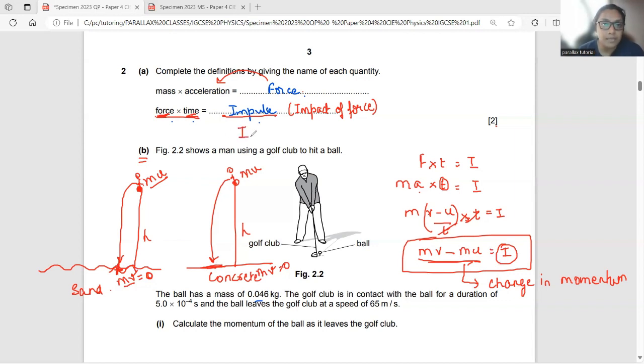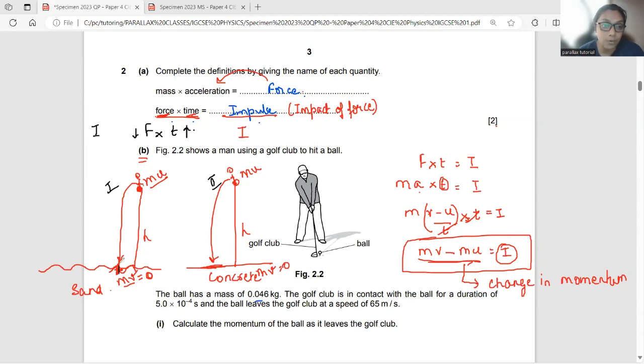Therefore, if impulse has to be same, now let's observe the two cases, okay? Let's name this case 1 and this as case 2. So in both cases, impulse will be same. So in case 1, what happens? Sorry, that's the sand floor. So the force experienced will be less, because time is more, right?